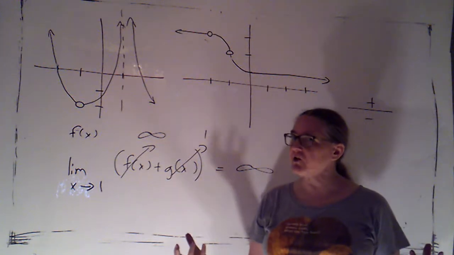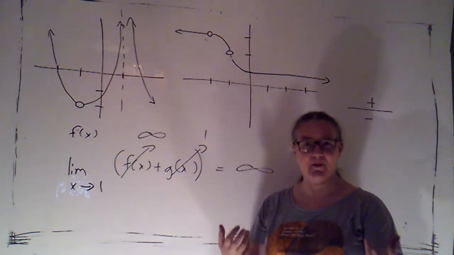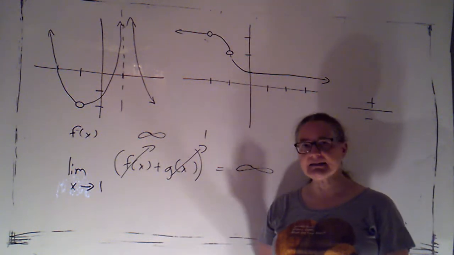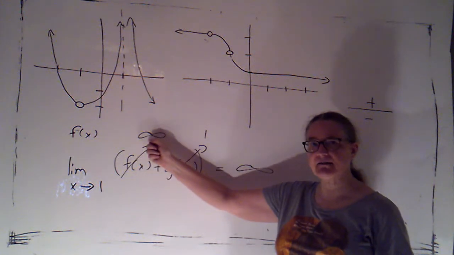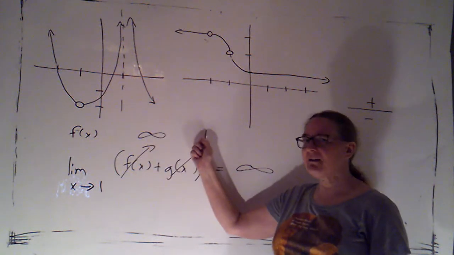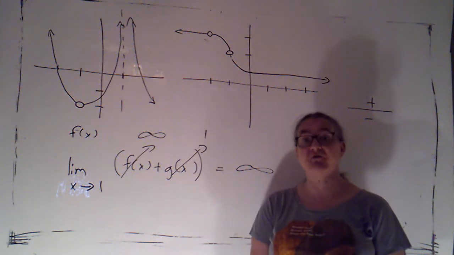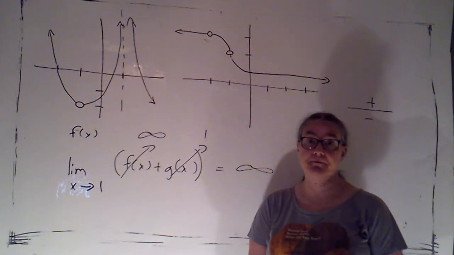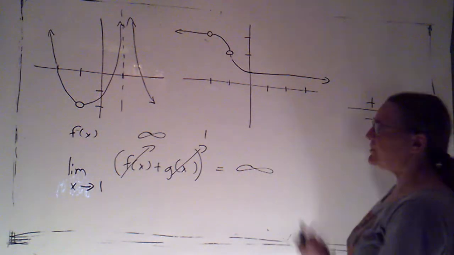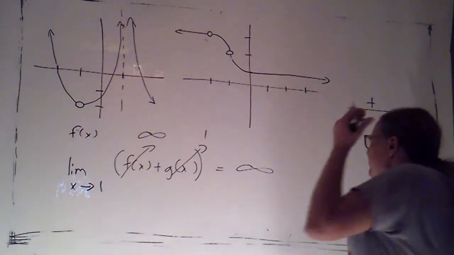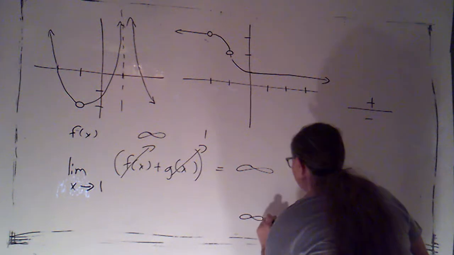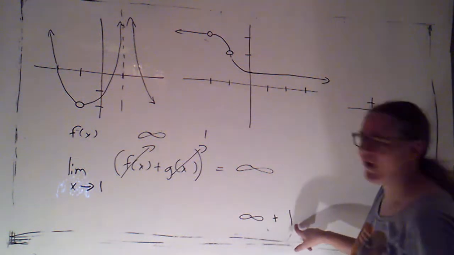Now, I can't literally take infinity and add 1 to it, but I can say if I've got something that's big and positive, adding or subtracting, for that matter, any finite number isn't going to change the fact that it's big and positive. Now, sometimes when people see this, they really want to write infinity plus 1.